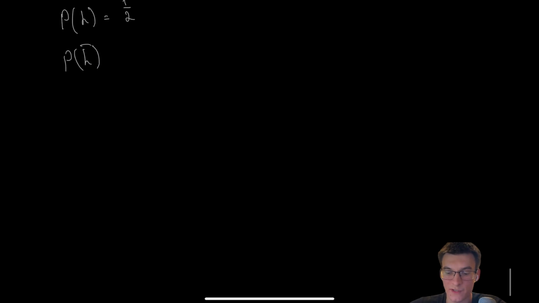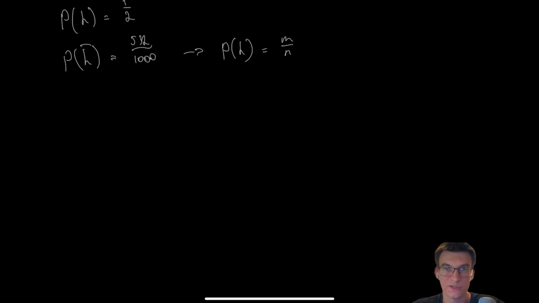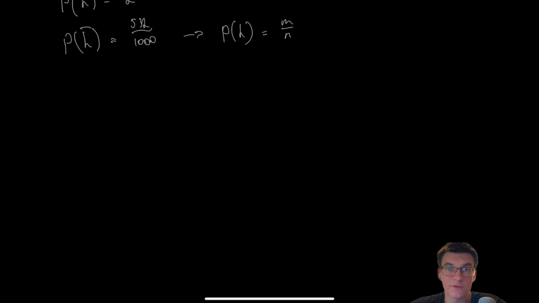The more experiments we conduct under the same conditions, the closer our frequency probability will be to the theoretical classical probability. That is, our P*(H) will approach its corresponding classical probability, which equals m/n, which is really fascinating.